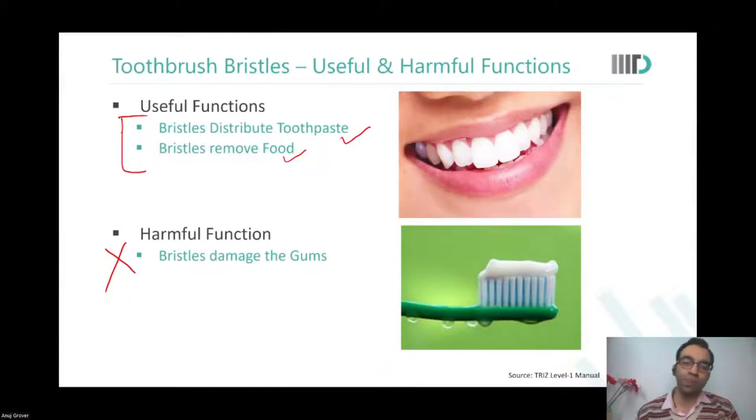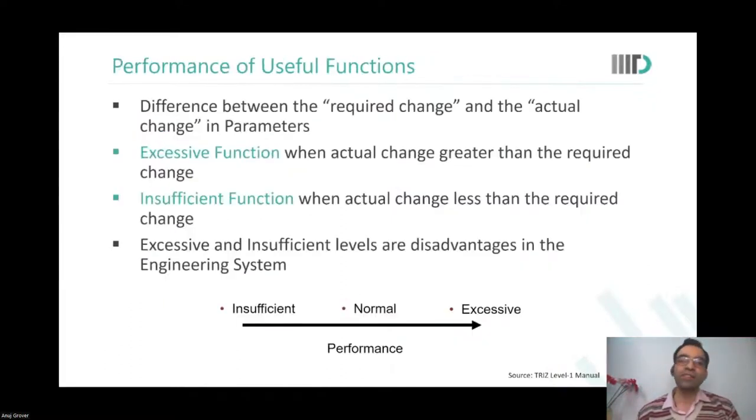Yeah. So it is important to categorize functions as useful functions and harmful functions. Now, useful functions are also further categorized into a zone where we talk about how effective those functions are. So you wanted a component to do some useful function.